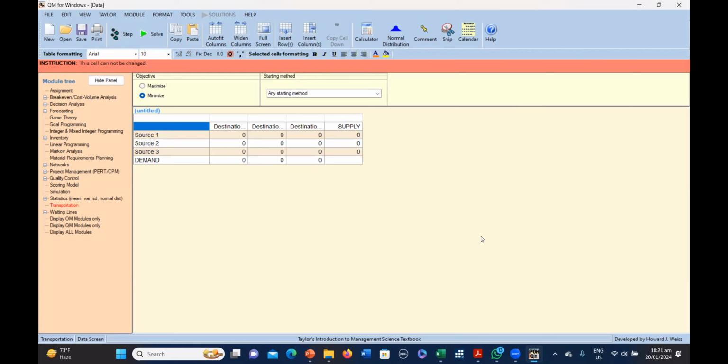For this one, we know the demand. So we can type the supply values here, and then the demand values here, from the question. Then these are the cost elements. You see that we had a table where we had the cost.